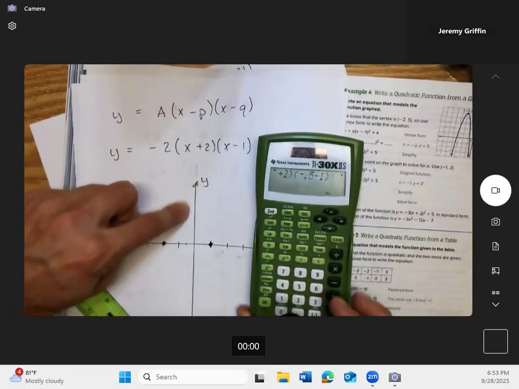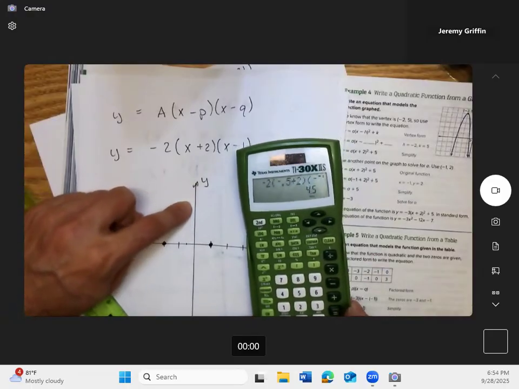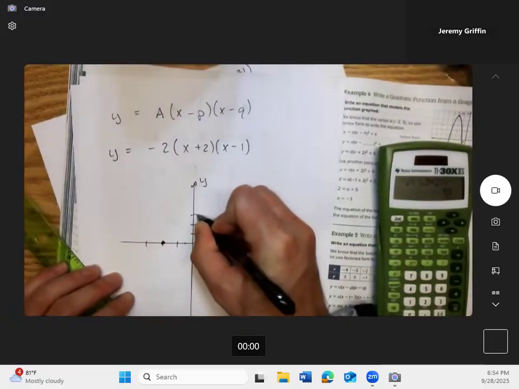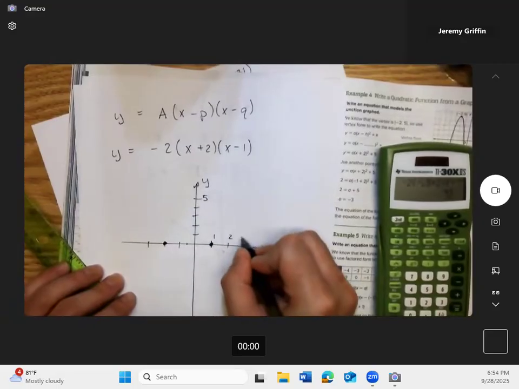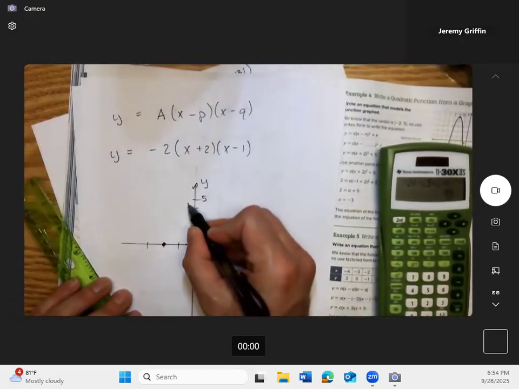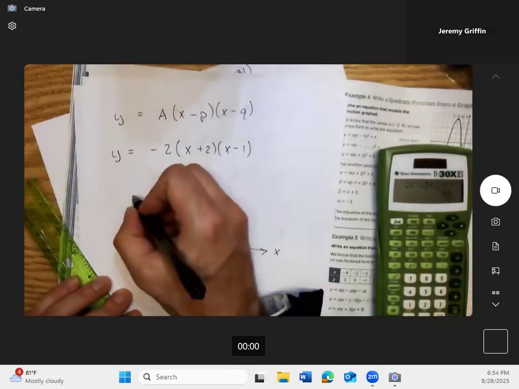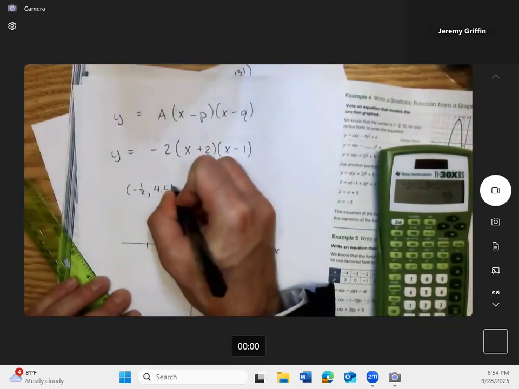That should give some positive number, which should represent the maximum on the graph. It's 4.5. Let's stretch this a little bit: 1, 2, 3, 4, 5. Put 5 up here. So we'll squash the graph. This right here is the vertex, and the vertex is at the point (-1/2, 4.5).